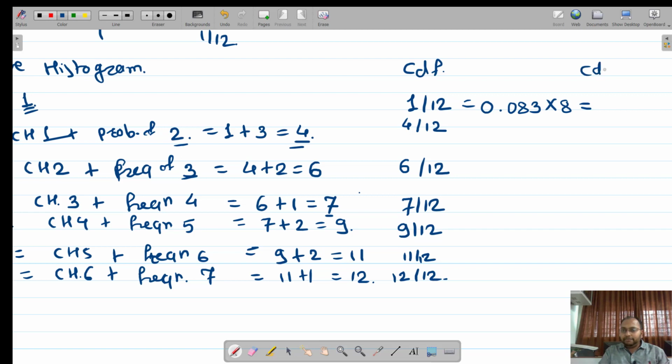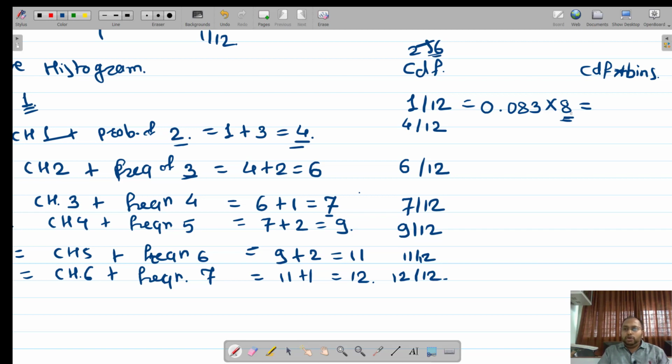So we get the CDF multiplied by the number of bins. How many gray levels are there? 8 gray levels are there, that's why we multiply by 8. If there are 256 gray levels, then we multiply by 256. Yes, remember this one.